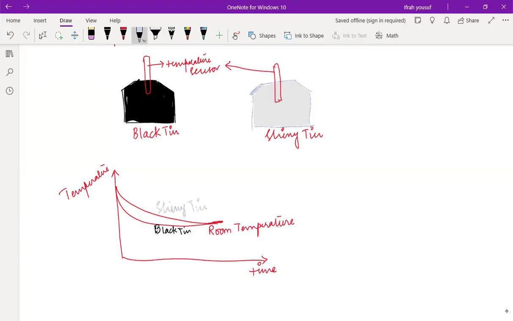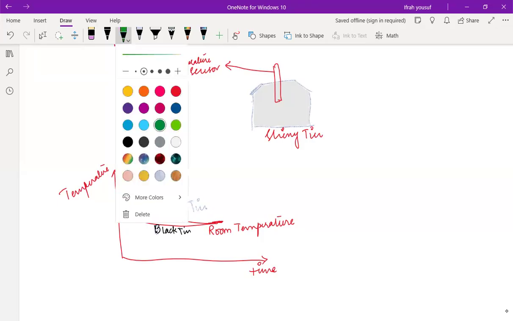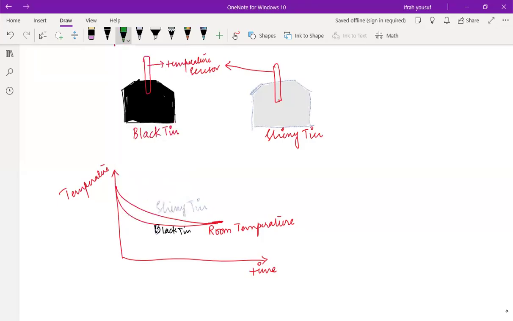Now you are going to tell me how we are going to identify which one is emitting the radiation quickly. If we compare the graph, or select two points, let me call this T1 and let me call this T2, right?